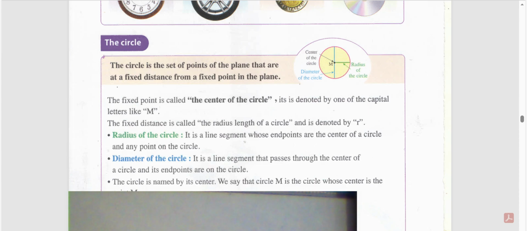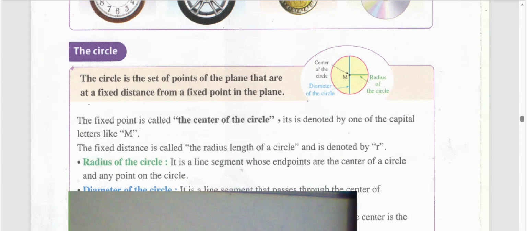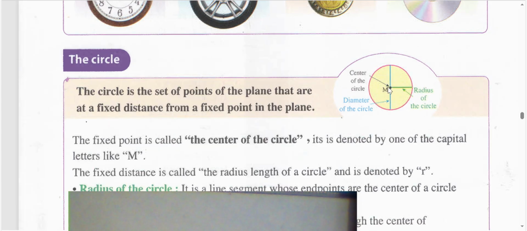Here M is the center of the circle, and the distance between M and any point on the circle we call the radius. Like this radius, we have the diameter, which is a long chord through the center of the circle. A circle is a set of points in the plane that are at a fixed distance from a fixed point.